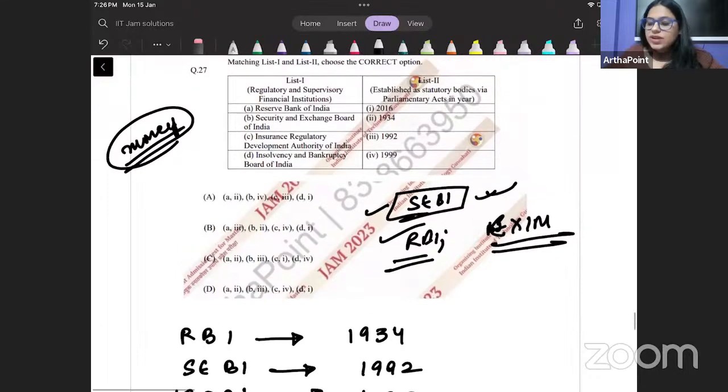Actually, you should know that Reserve Bank of India was one of those institutes which was formed before independence. बहुत सारे institutes नहीं थे before independence, but Reserve Bank of India was formulated before independence itself, right? तो एक ये चीज काफी important है.